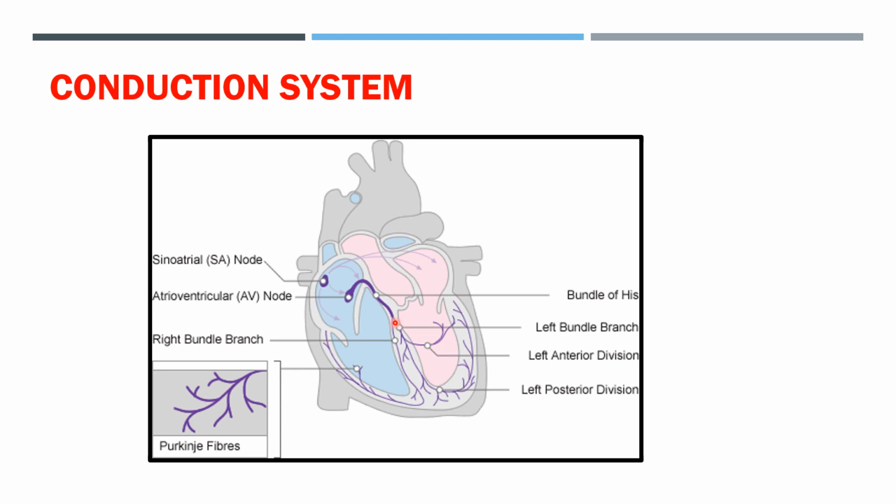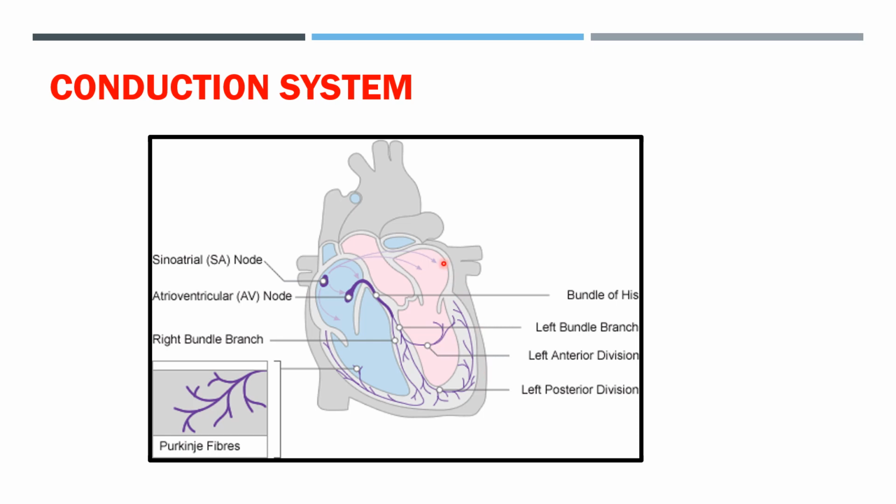The left bundle then divides into two smaller branches, the left anterior fascicle and the left posterior fascicle, and finally those branches divide into thin fiber-like projections in the ventricles. They are known as Purkinje fibers. So the sequence is SA node, internodal tracts, AV node, bundle of His, then the right and left bundle branches, and the Purkinje fibers.